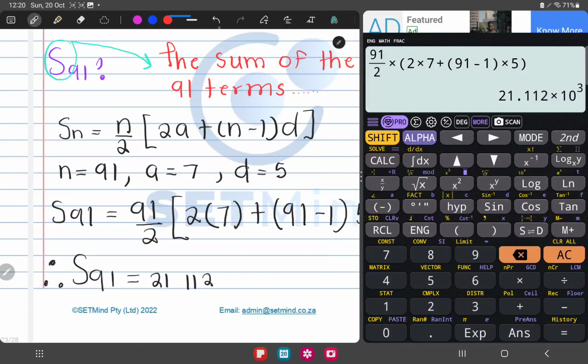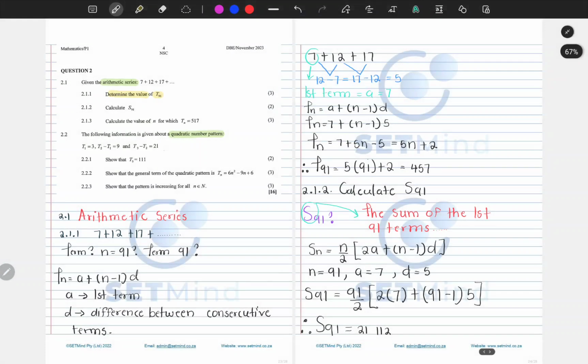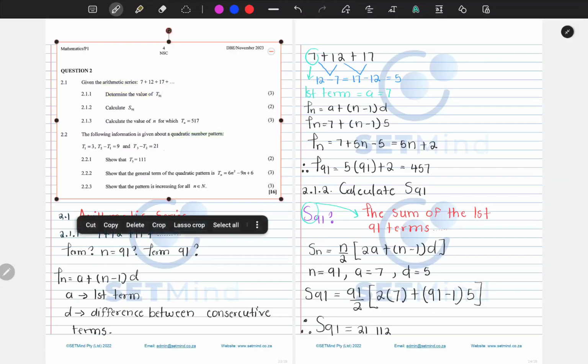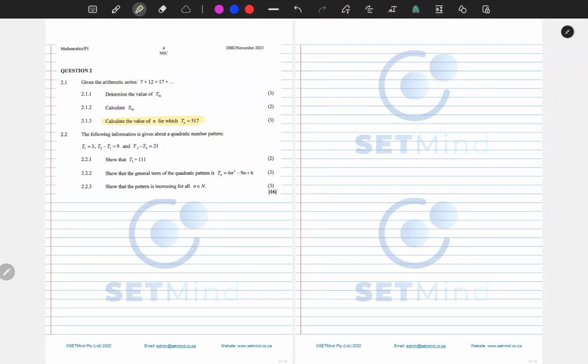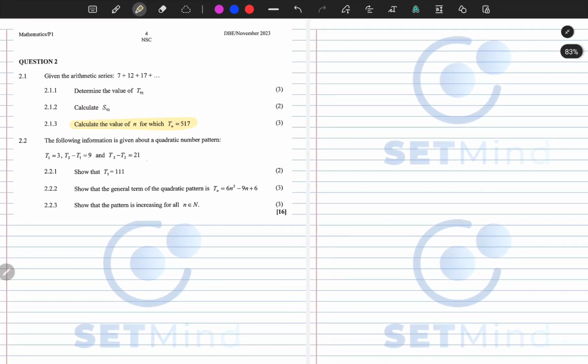That is the sum of our 91 terms. So that concludes question 2.1.2. So let's go to question 2.1.3. For question 2.1.3, we are being asked to calculate the n for which the Tn will be equal to 517.